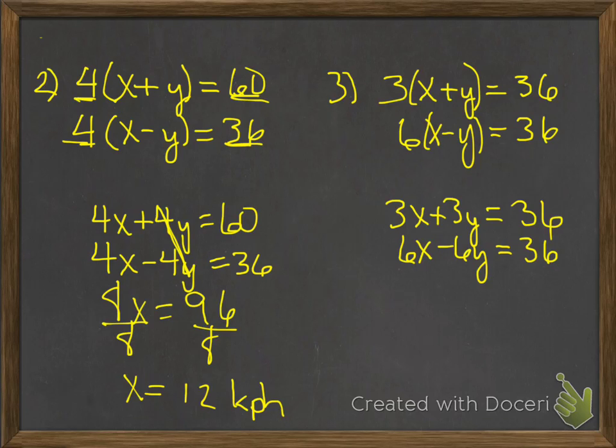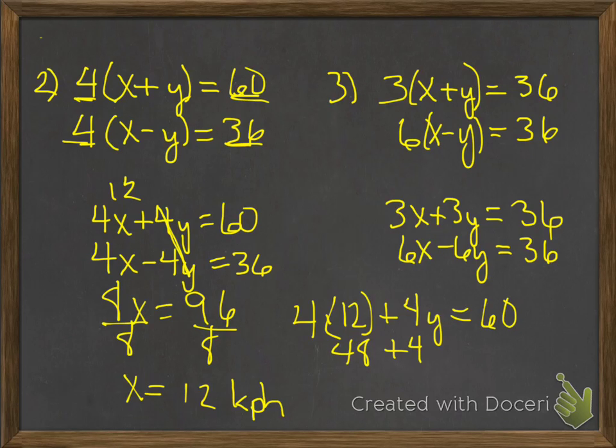Then you could put it back into here, and you could say like 4 times 12. That's horrible. Let's try that again, making it look nicer. Like here, and say 4 times 12 plus 4y equals 60. That's 48 plus 4y equals 60. Subtract.